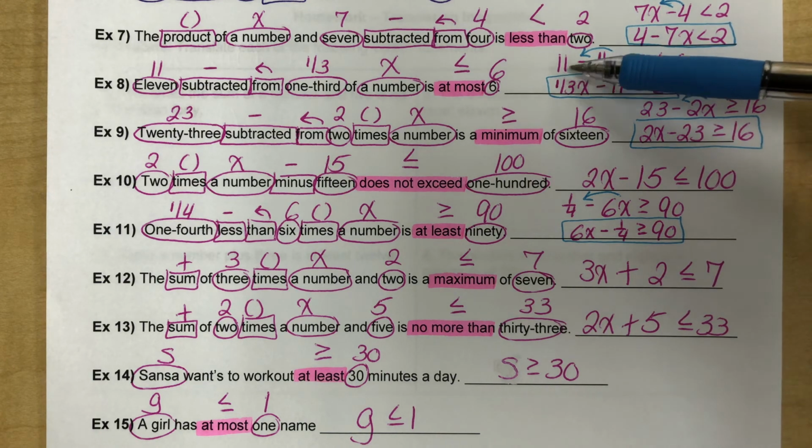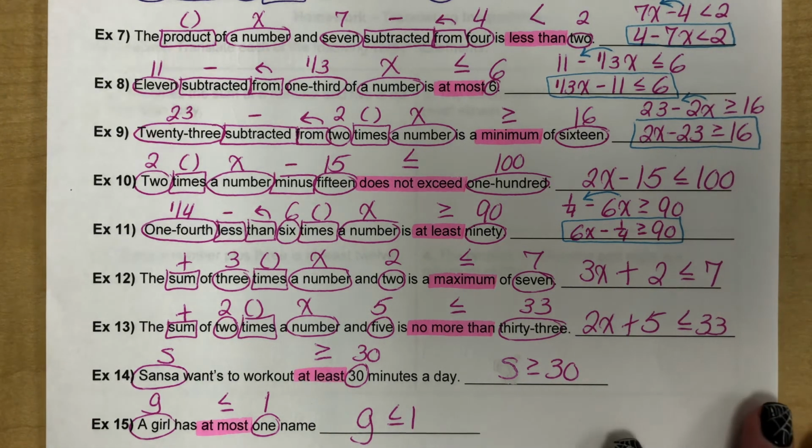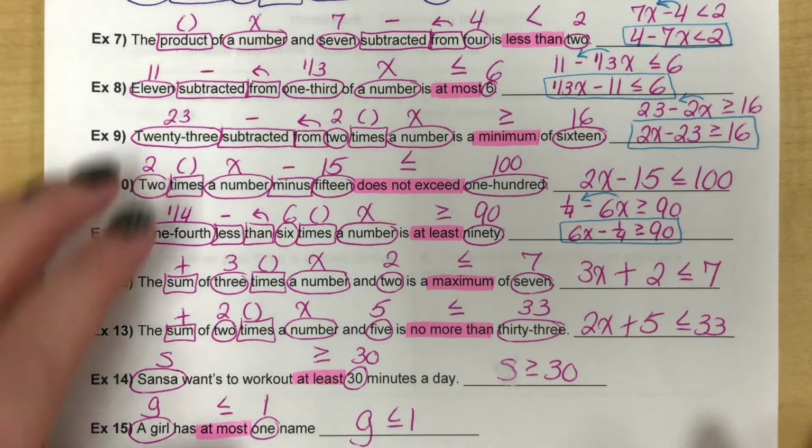If you need to pause the video to copy any of this down or to just check your answers, I'm really hoping that you tried most of them, if not all of them, on your own.